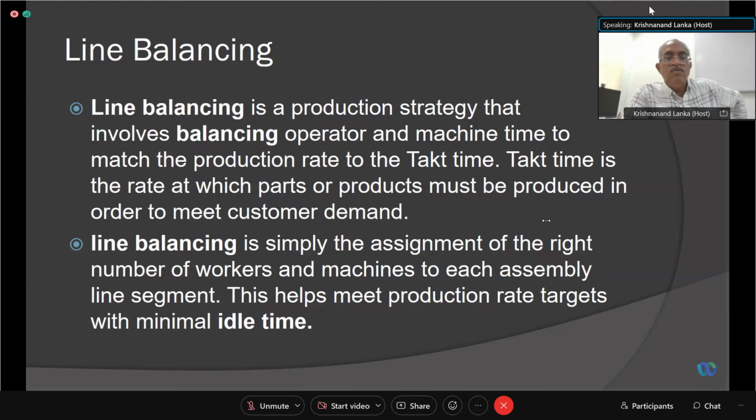Line balancing is simply the assignment of the right number of workers and machines to each assembly line segment.